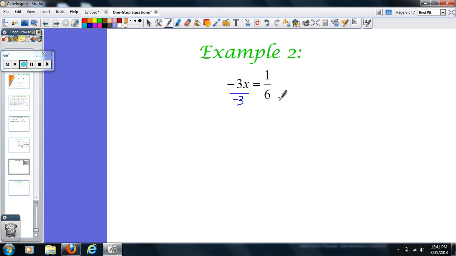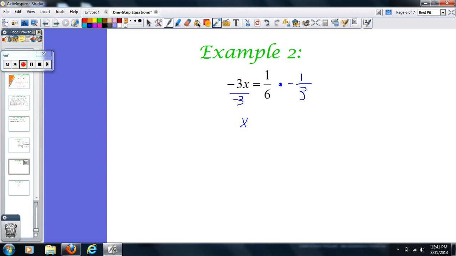And here, we know that dividing by a number is the same thing as multiplying by the reciprocal. So this would be the same thing as multiplying by negative 1/3. Alright, and that takes us to this, which would be x.